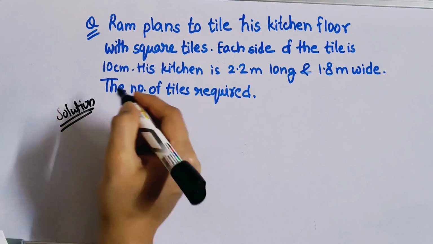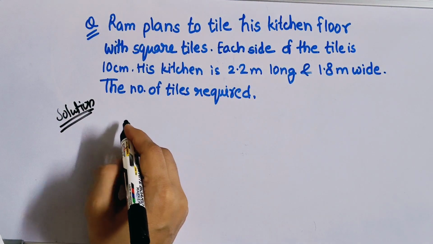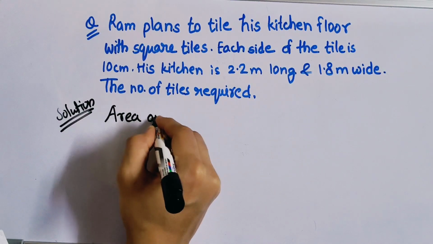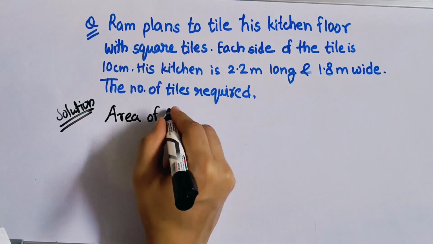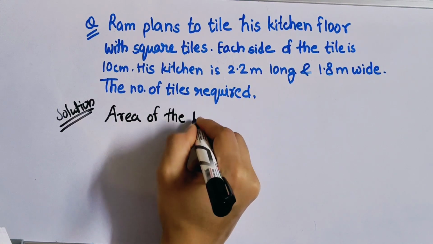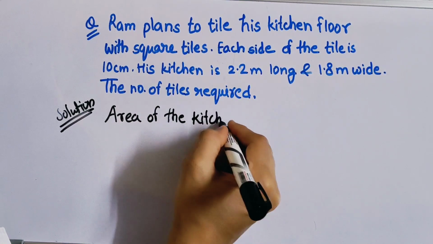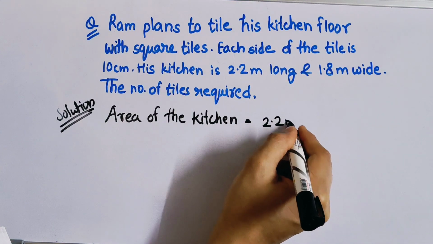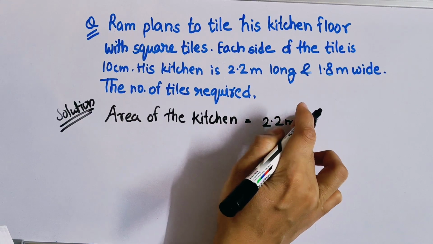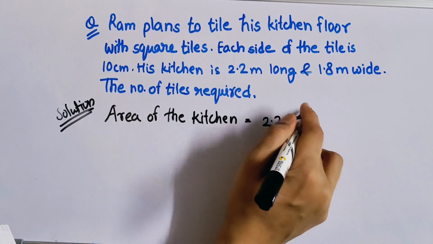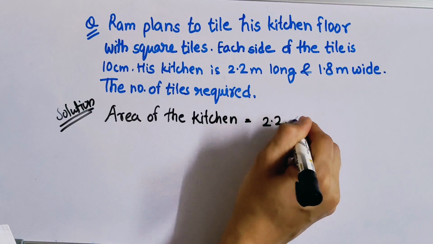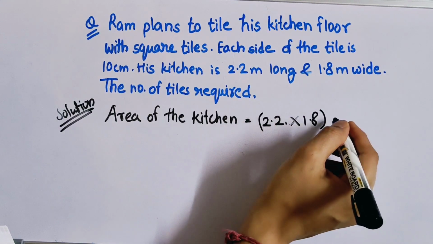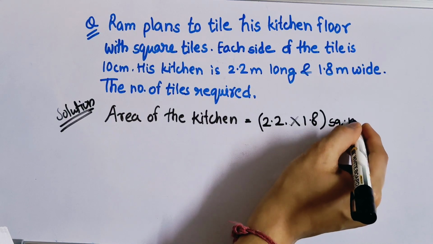What we'll do first? First we'll find the area of the kitchen. So area of the kitchen equal to 2.2 meter into 1.8 meter, so square meter.